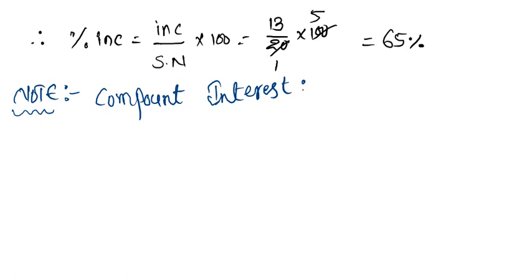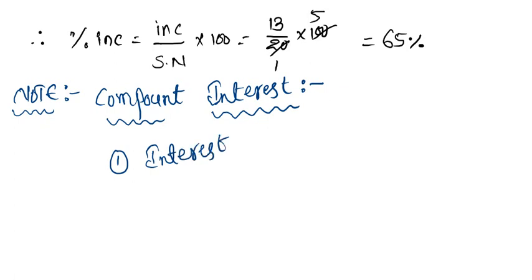The compound interest is calculated in two ways. One is interest on principal, as well as interest on interest.